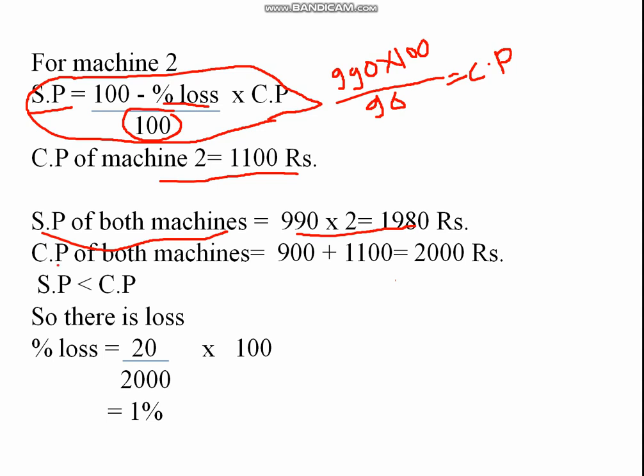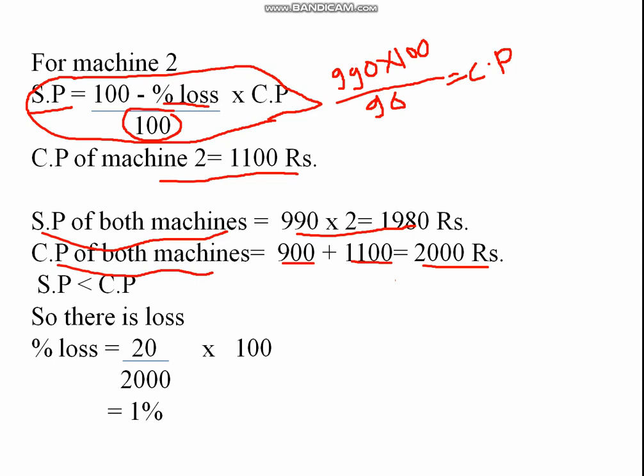CP is 900 rupees for machine 1 and 1100 rupees for machine 2, which is equal to 2000 rupees. So for both machines CP is 2000 and SP is 1980 rupees.